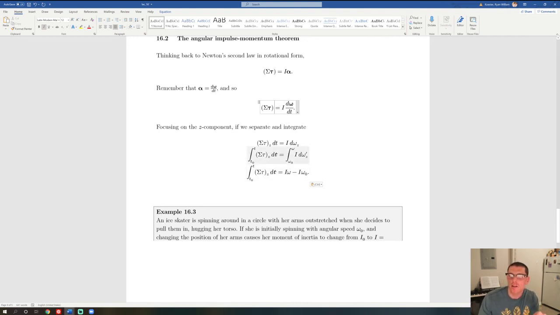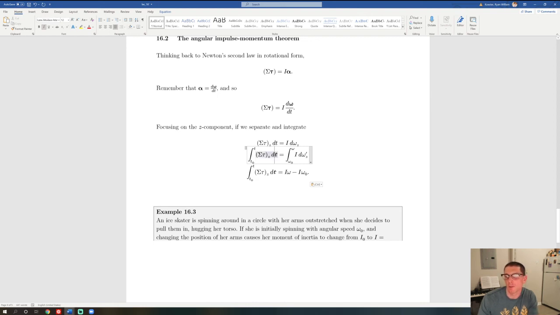And so now we have this differential expression where we can integrate both sides. We integrate the left-hand side with respect to t, and here I switch the symbol to a script t just to make it clear that the limit of integration is not the same thing as the variable of integration.